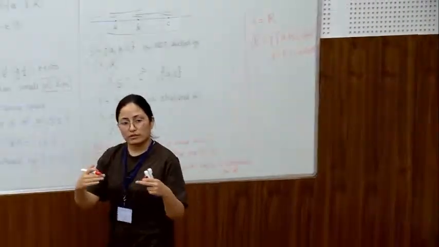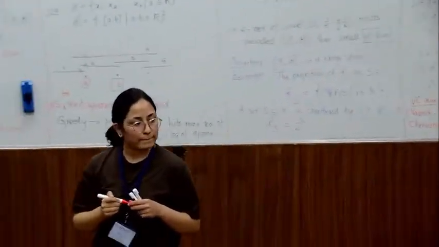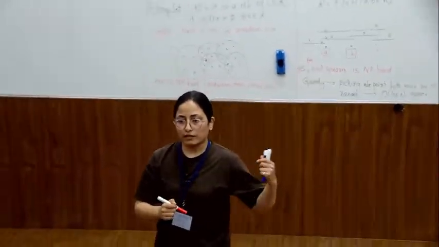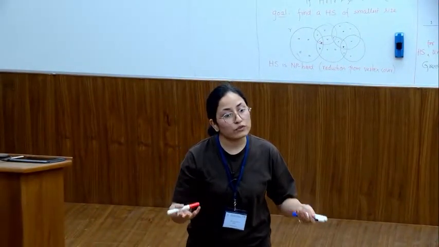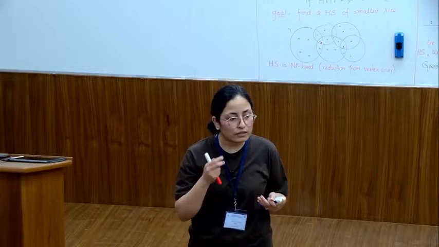These are disjoint intervals. So first of all, can it shatter a set of size 3? Yes, now it can. What about a set of size 4? A set of size 4 can be shattered using disjoint intervals.